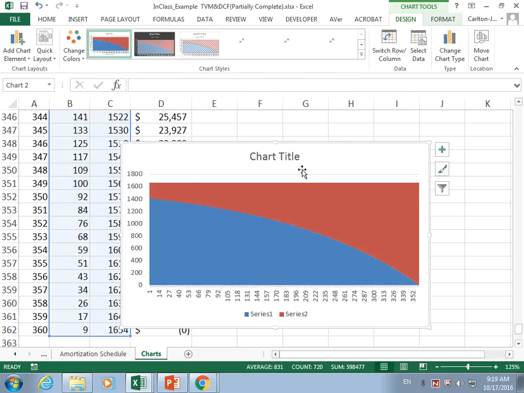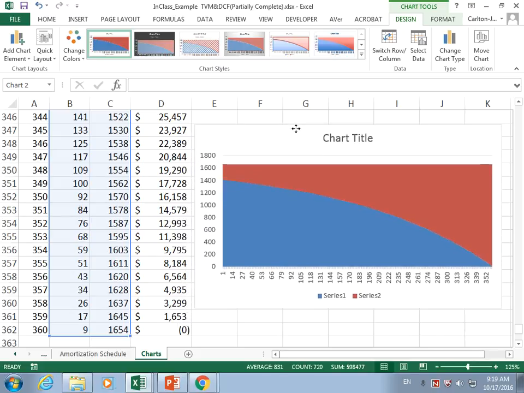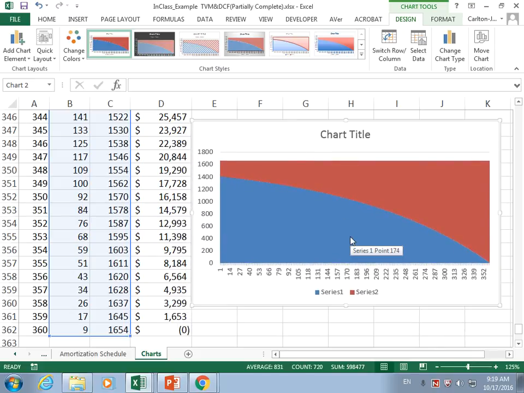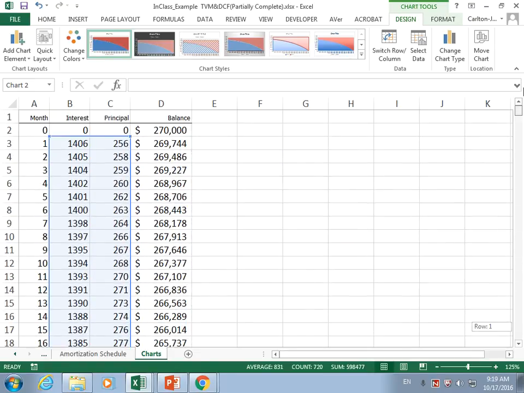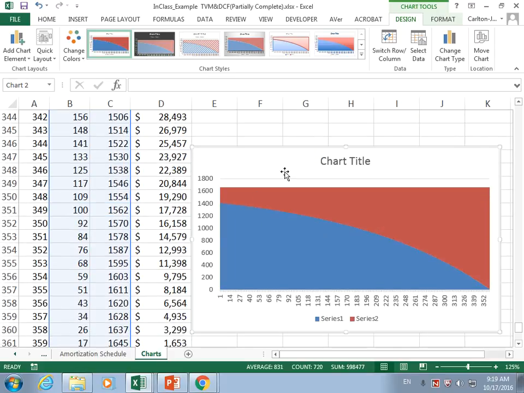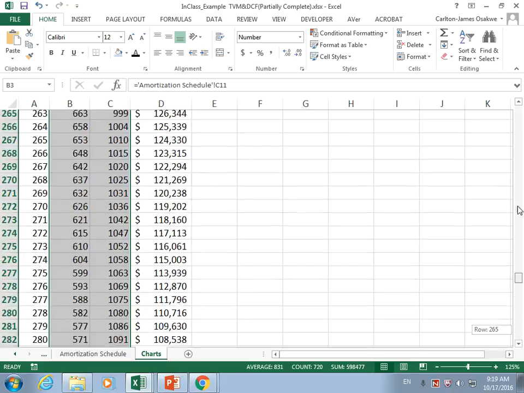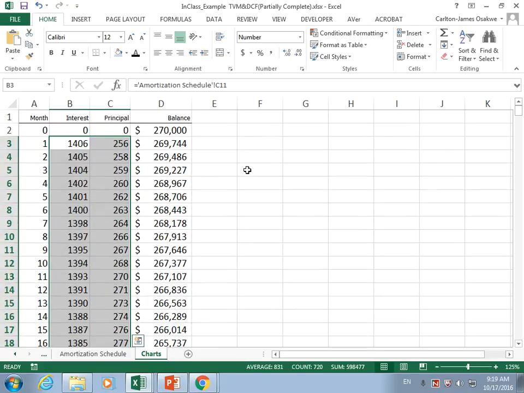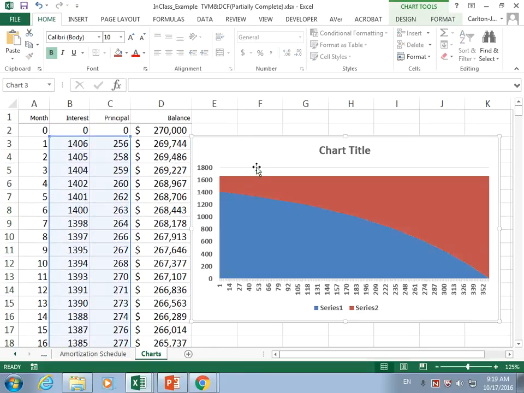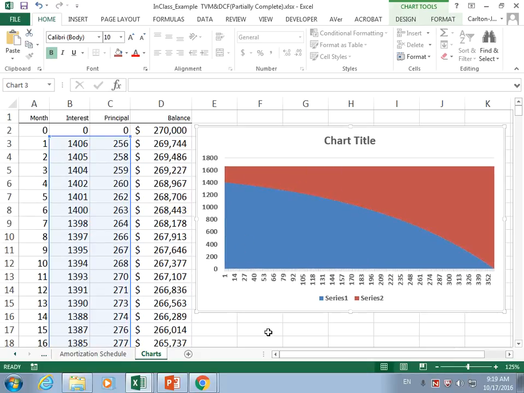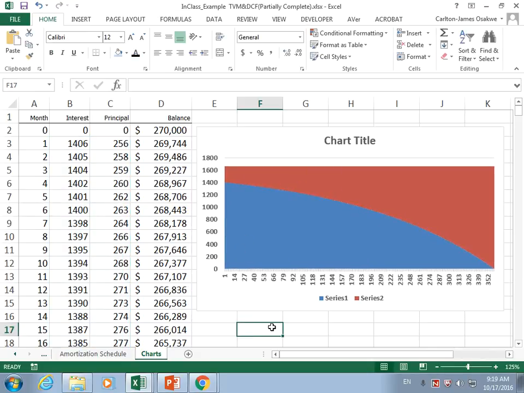So let's start with this, and of course, with that, you would just clean up the chart. You just clean up the chart. So you clean up the chart, and I'll let you do it, right?